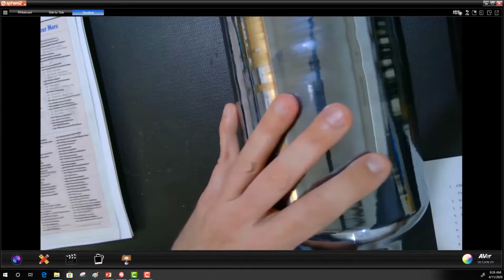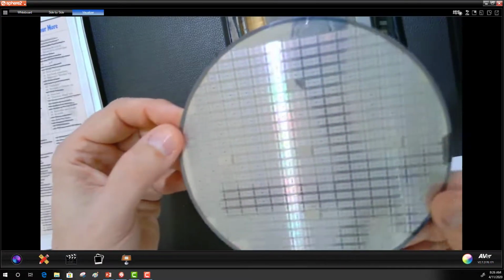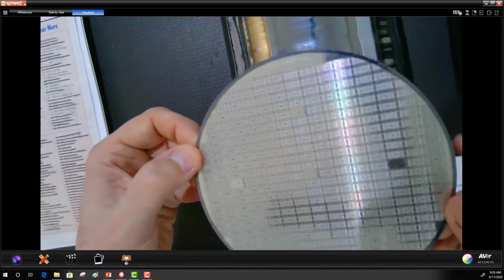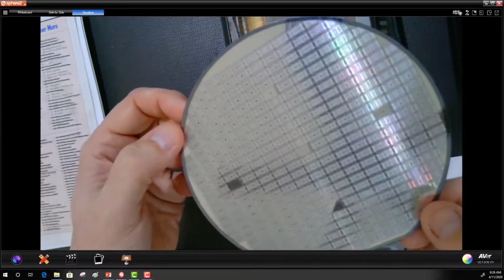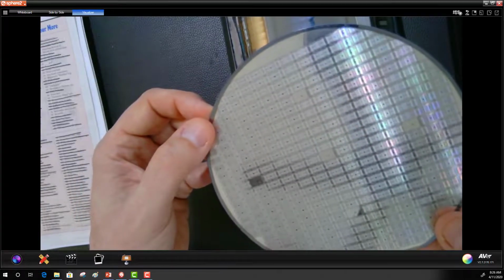So this ingot is like the starting point, and this is close to the final product. We probably have a few hundred integrated circuits on this one wafer that eventually get cut out.